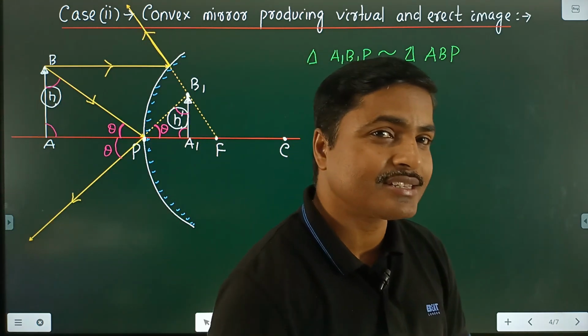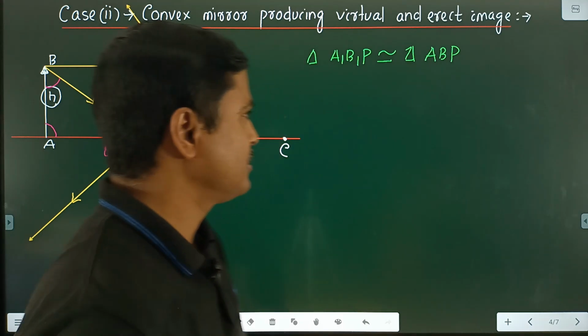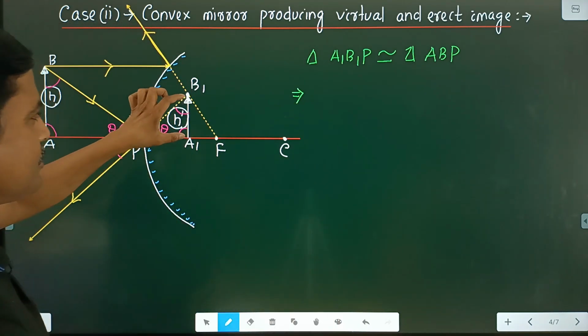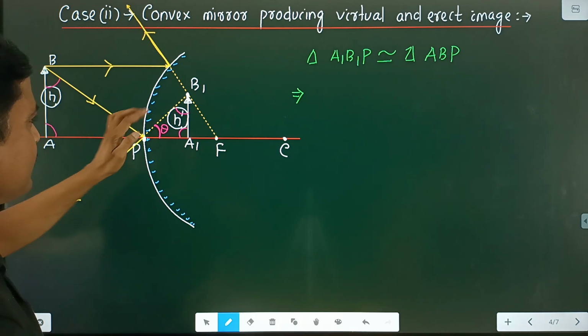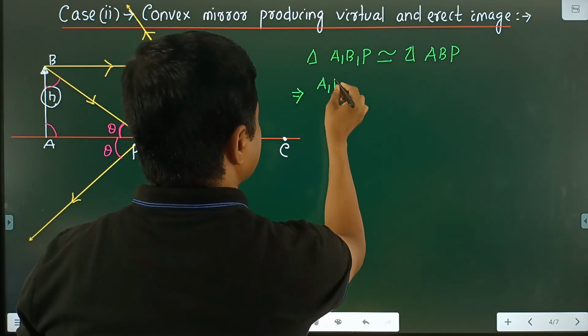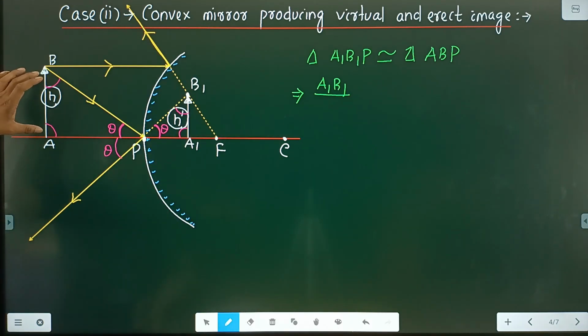If both the triangles are similar, then what happens? We compare side by side. Side by side means we take one side of the first triangle A1B1P, that side is A1B1, because A1B1 is perpendicular to the principal axis, divided by side AB. Side AB is also perpendicular to the principal axis.